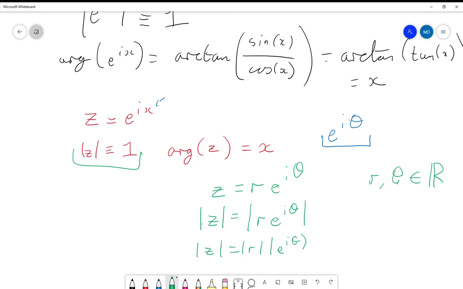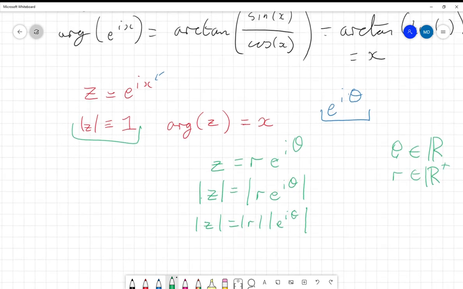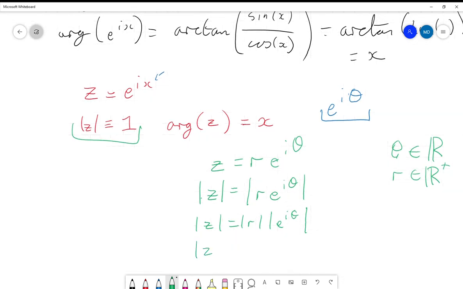And given r is real, and in fact we'll pick r as positive, so we'll say theta is a member of the reals, and r we want to be a member of the positive reals, then we'll get the modulus of z is equal to r times the modulus of e to the i theta. Or the modulus of z is just r, because the modulus of e to the i theta is 1 every time.